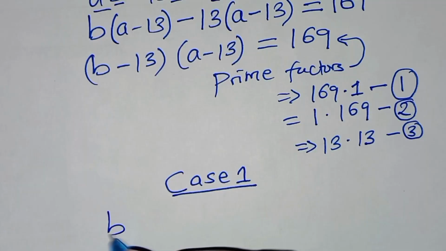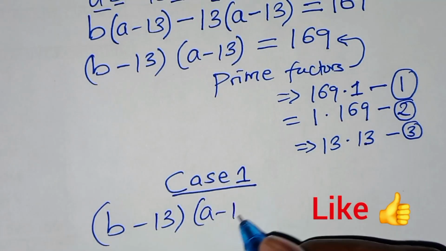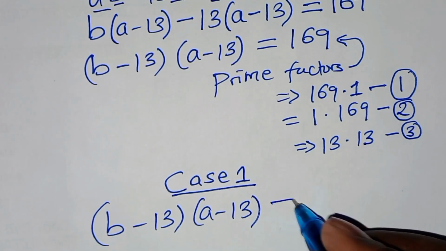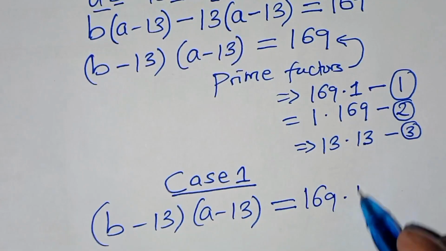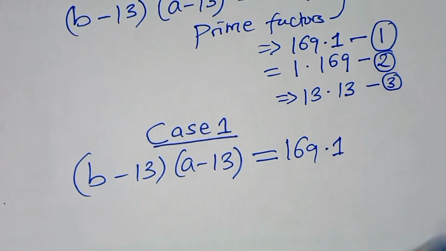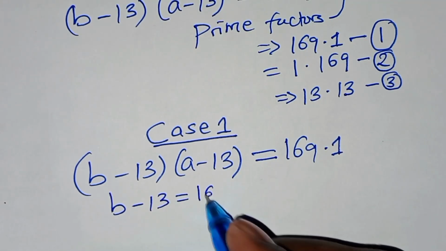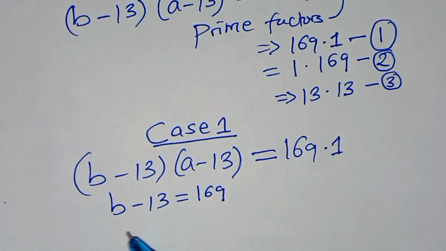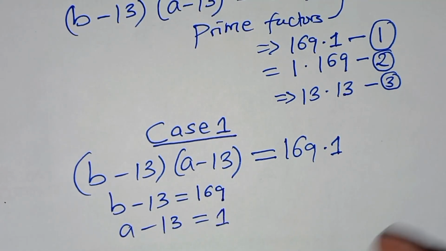We have b minus 13 times a minus 13 equal to 169 multiplied by 1. This implies b minus 13 is equal to 169, and a minus 13 is equal to 1.